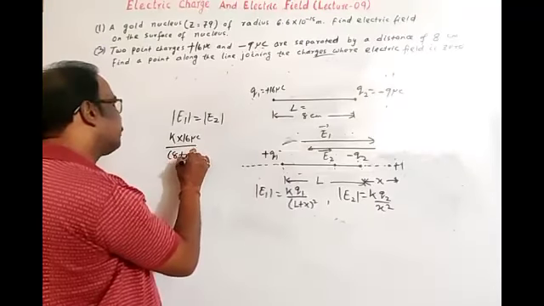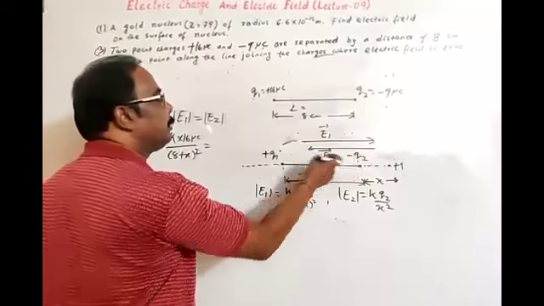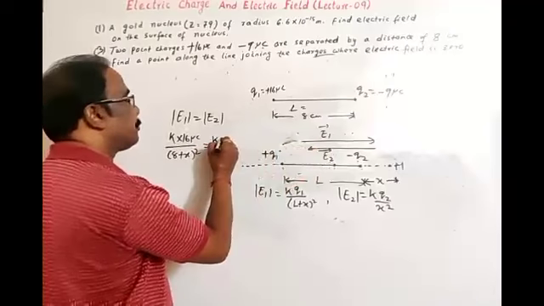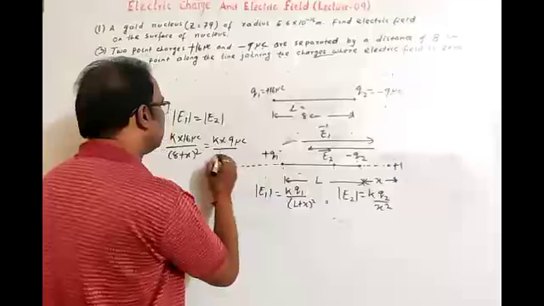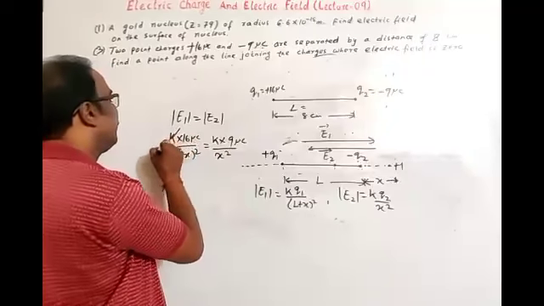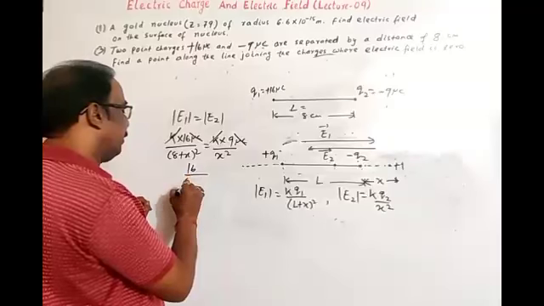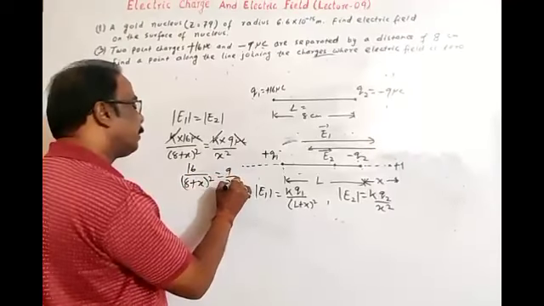8 plus x whole square must equal the magnitude of electric field intensity E2 due to minus q2, k times the magnitude of charge 9 microcoulomb divided by the square of the distance, x square. Cancelling k and microcoulomb, 16 divided by (8 plus x) whole square equals 9 divided by x square.